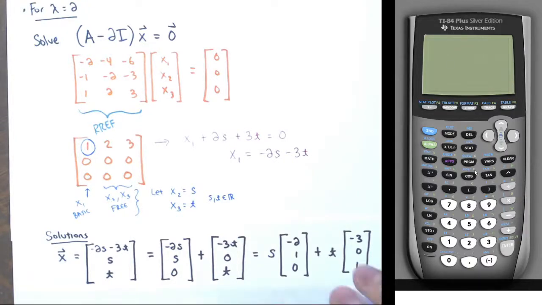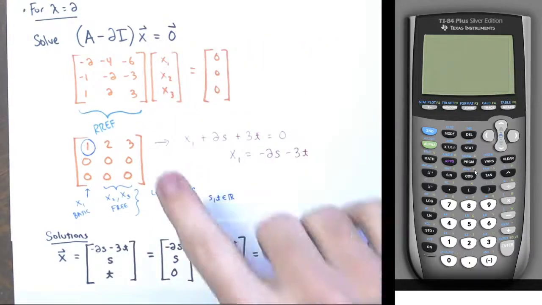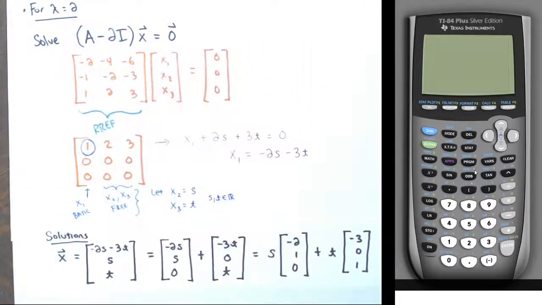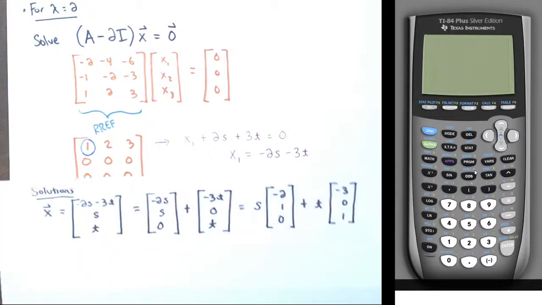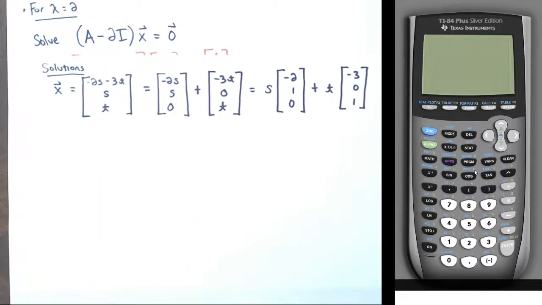In other words, and again, this includes the 0 vector. If I replace s and t with 0 and 0, I'd get the 0 vector as a solution, but that's not an eigenvector. But this describes all the solutions of that equation, and all the solutions of that equation form the eigenspace for lambda equals 2.